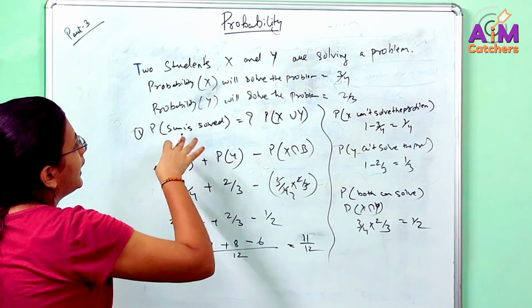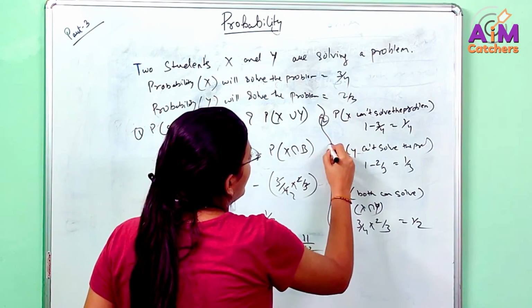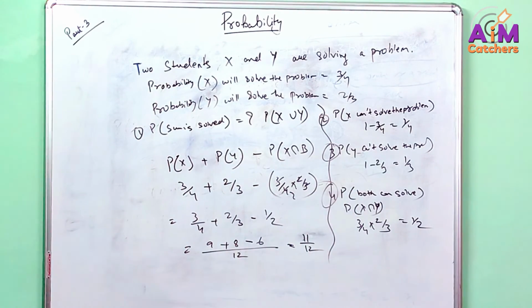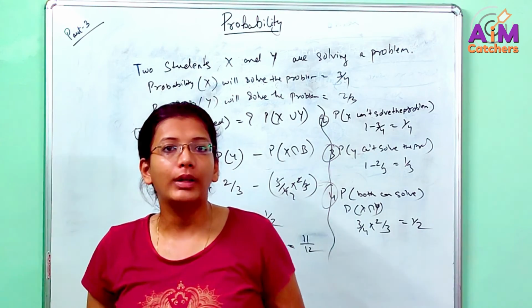Probability that either x or y can solve it, probability that x can't solve it, probability that y can't solve it, and probability that both can solve it. Hope you have got this very well.